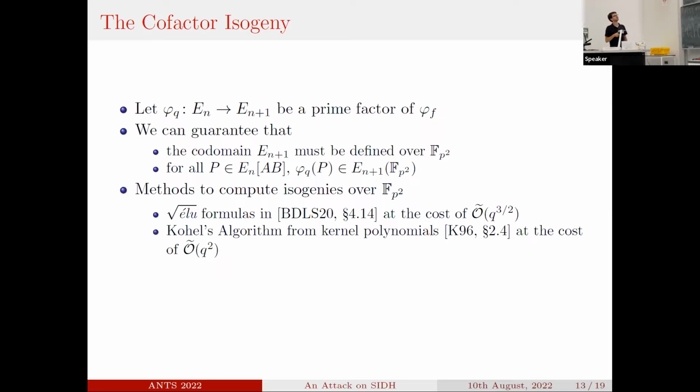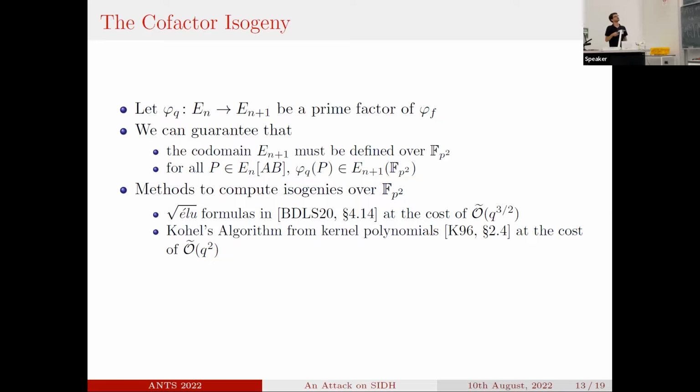So now let's list two methods that we describe in the paper to compute isogenies from irrational kernels defined over F_{p^2}. There is a small section in the paper, the square root values formula, which describes how to compute isogenies defined over F_{p^2} starting from irrational kernels.